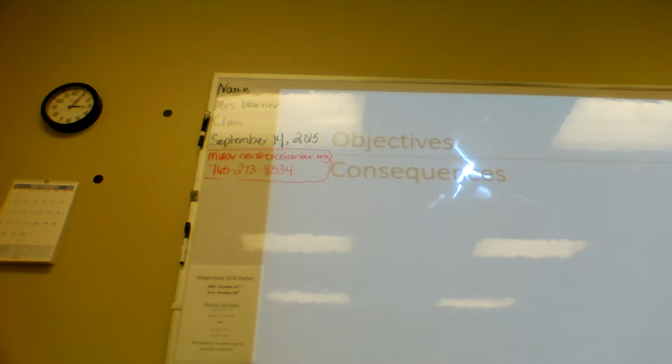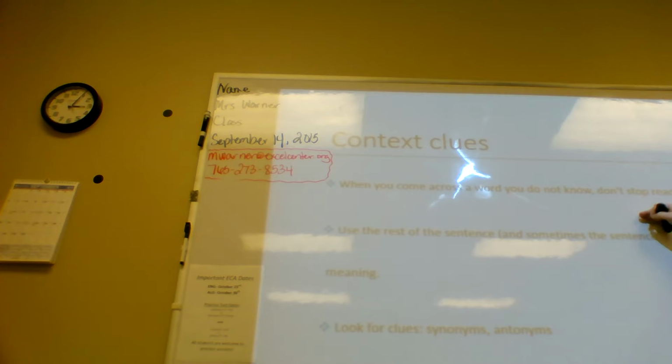So we can compare the idea of active reading to something like exercising. I don't do a lot of it, but I hear that when you stop, it's even harder to start again. So it's the same idea. Don't stop reading when you come across a word that you don't know. The worst thing that you can do for yourself is to stop and then go somewhere else to get the information. You're going to lose comprehension by doing that.